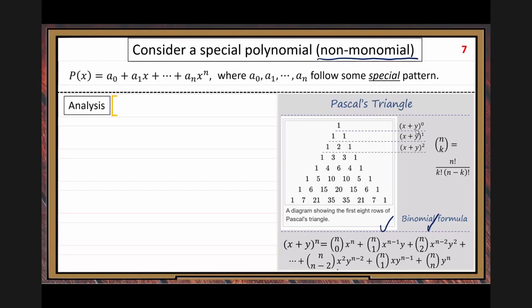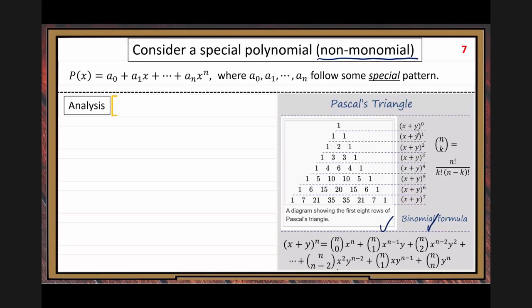The third row corresponds to x plus y squared; if you expand it, the coefficients are 1, 2, 1. Then x plus y cubed, 1, 3, 3, 1. Next, to the fourth, 1, 4, 6, 4, 1. Then the fifth, the sixth, the seventh. So you get this special triangle, called Pascal's triangle.